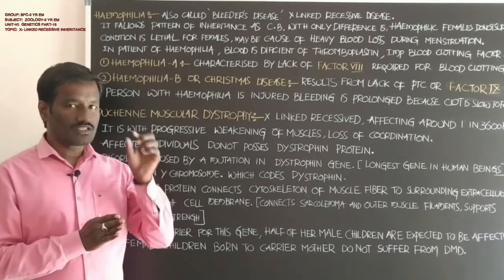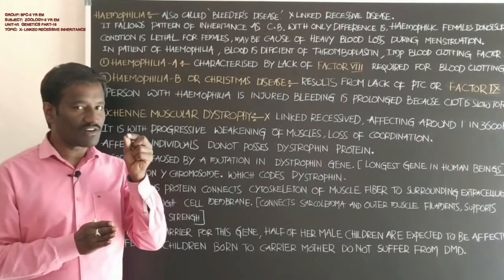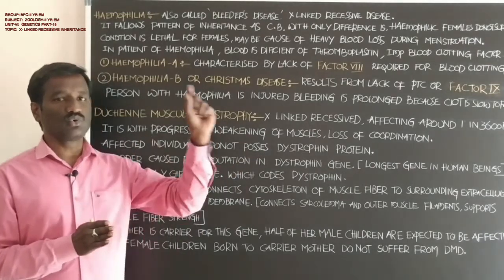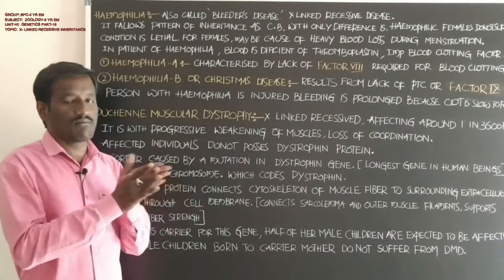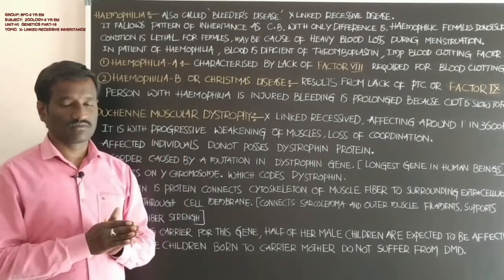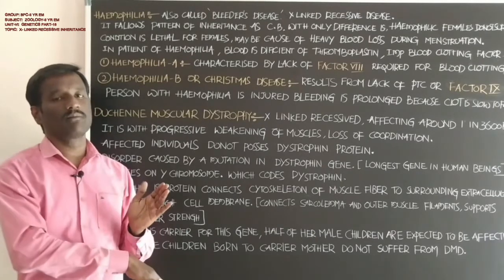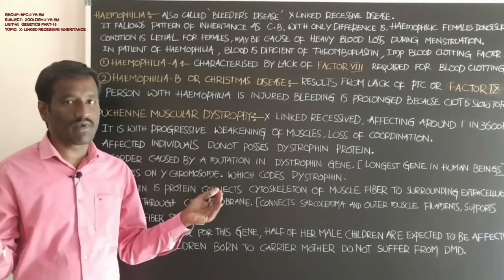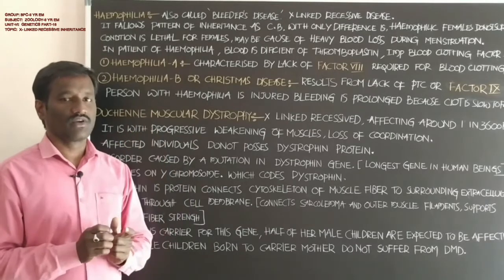The dystrophin protein connects the cytoskeleton filaments present in the cytoplasm to the extracellular matrix through the cell membrane, or plasma membrane, or the sarcolemma. The extracellular matrix is connected with the cytoskeleton of the cytoplasm by this protein, dystrophin.